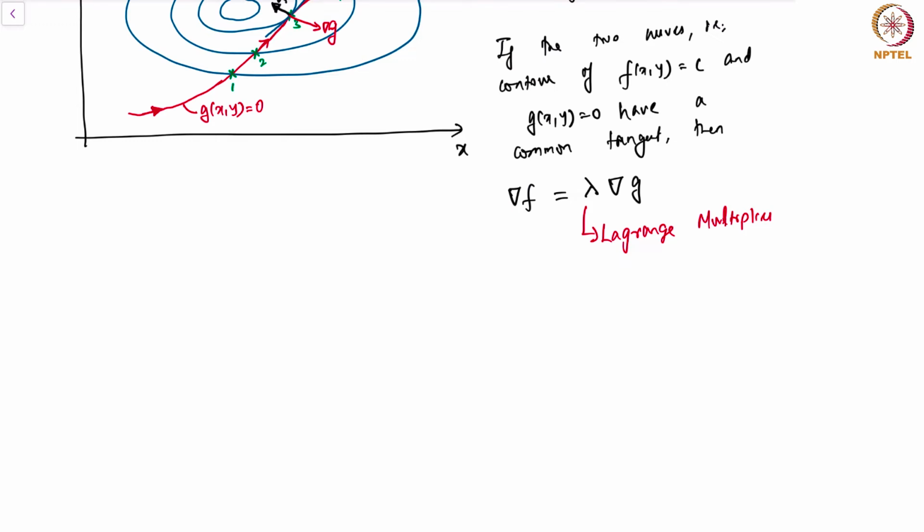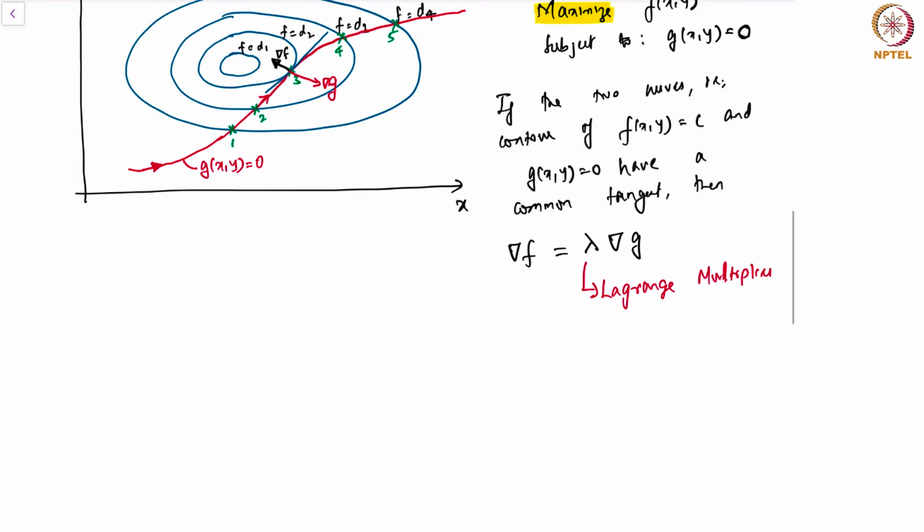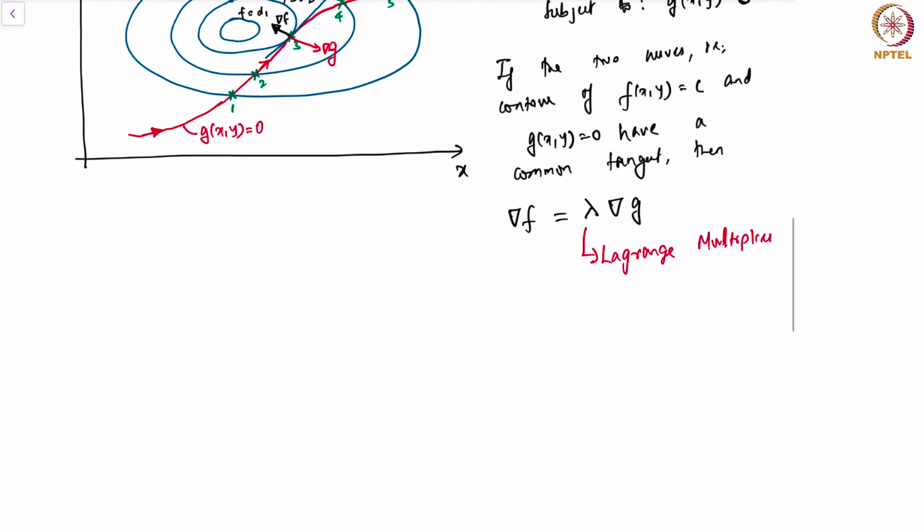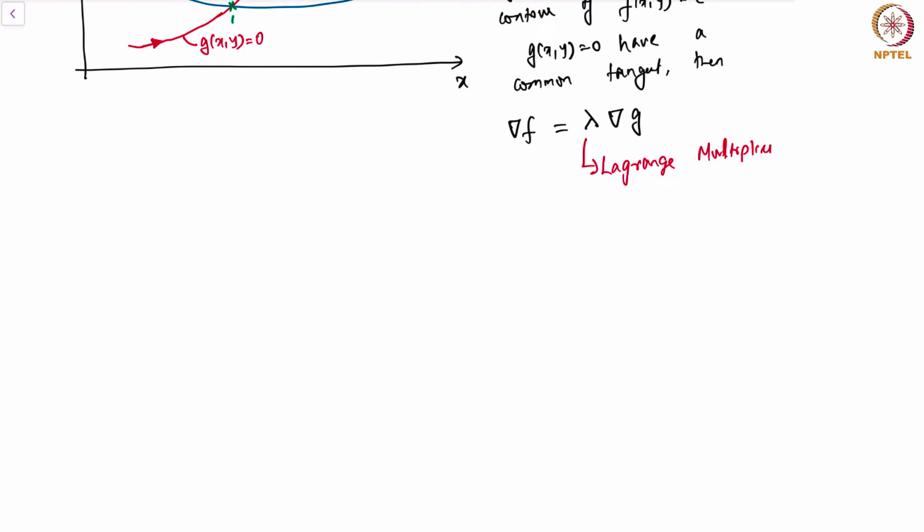Now what we want to do is find out how to actually go about solving a problem like this, and what the connection is to the Euler-Lagrange equations that we discussed in the previous class. So let's do a little bit of math. We'll consider a simple case of a single constraint, that is we have only one constraint g, and we have the function f.